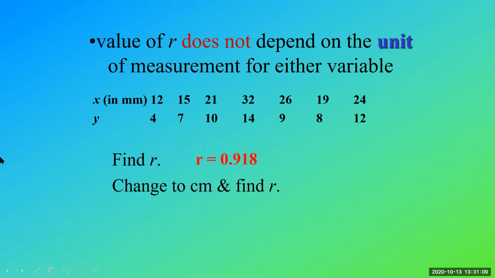Now, what if X is currently in millimeters and I change it all to centimeters and find R? That just means I'm changing all of my X with the same Y. If you find R, it's still going to be the same. As long as your units change exactly the same for each data point, it's not going to affect your R value. So it does not depend on the unit. Notice we don't have any units with the R value. R does not include units.